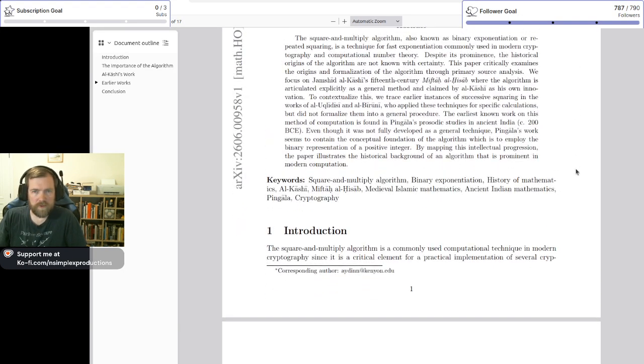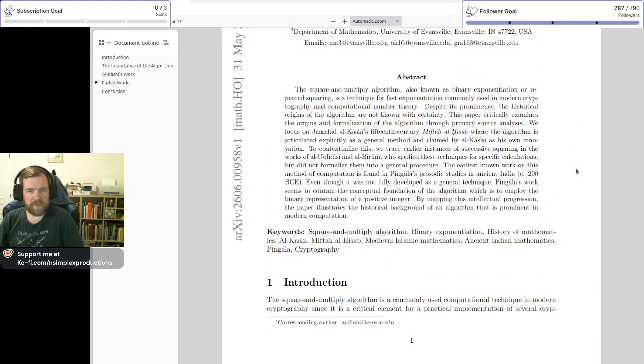The square and multiply algorithm, also known as binary exponentiation or repeated squaring, is a technique for fast exponentiation commonly used in modern cryptography and computational number theory. Despite its prominence, the historical origins of the algorithm are not known with certainty. This paper critically examines the origins and formalization of the algorithm through primary source analysis. We focus on Jamshid Al-Kashi's 15th century Miftah al-Hisab, where the algorithm is articulated explicitly as a general method and claimed by Al-Kashi as his own innovation.